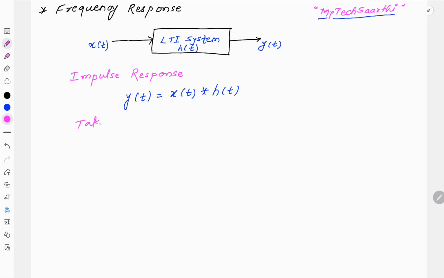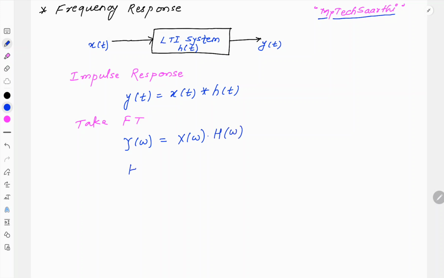Here we have convolution, so we use the convolution property of the Fourier transform. y(t) will be represented as Y(omega), x(t) as X(omega), and the convolution will be replaced by simple multiplication with H(omega).